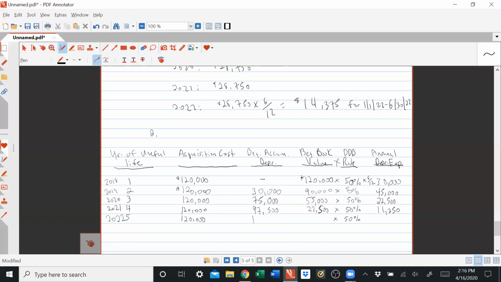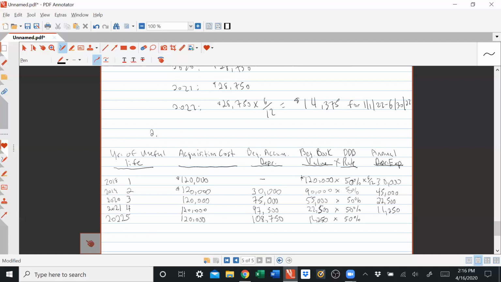What would that be? 108,750. Is that right? 97 plus 11 is 108.500 and 250 is 750. Yeah. And so the beginning book value in 2022 is 120 minus 108,750, 11,250.